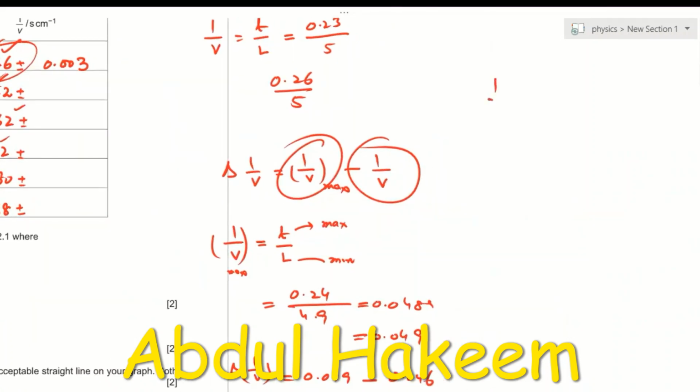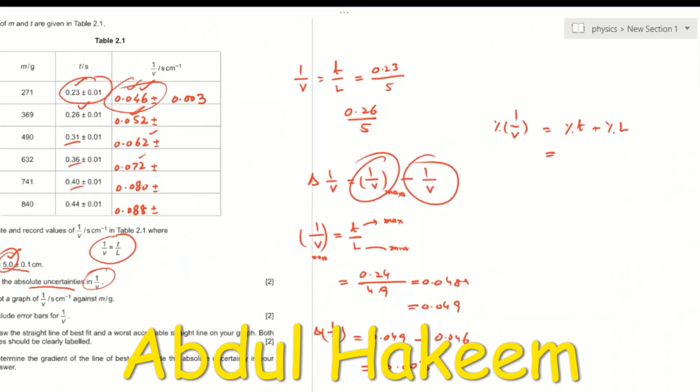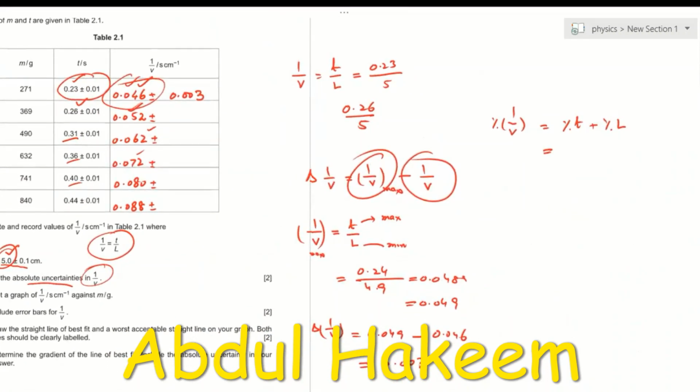There is another method for 1/v. The percentage uncertainty in 1/v is equal to the percentage uncertainty of t plus the percentage uncertainty of L. First calculate the percentage of t: 0.01 divided by 0.23 multiplied by 100, plus the length percentage, 0.1 divided by 5 multiplied by 100.